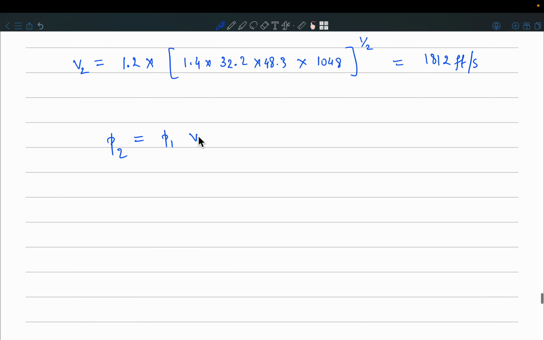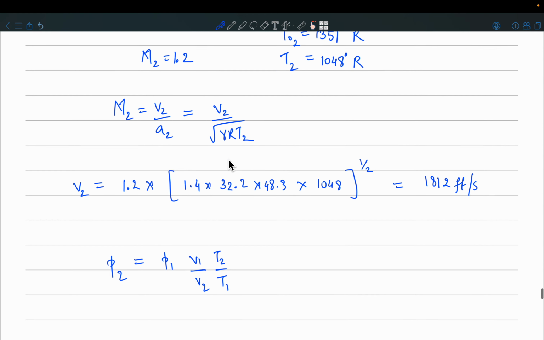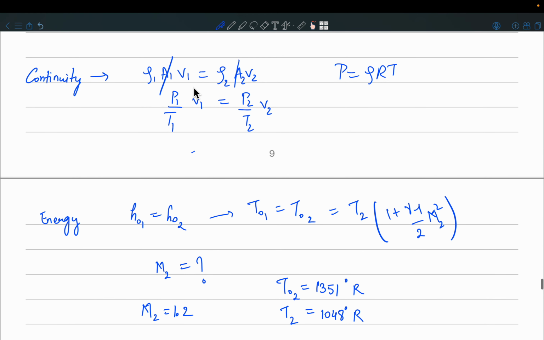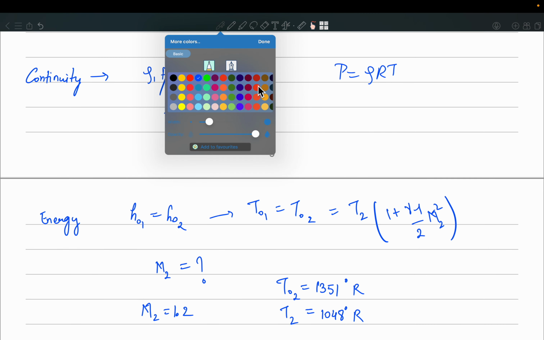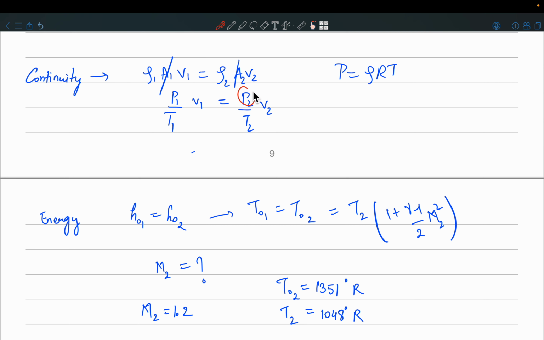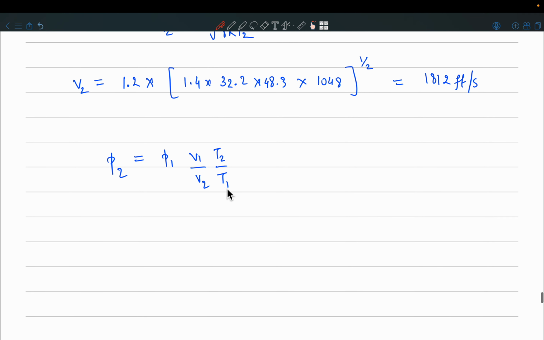This is clear, right? I've just rearranged the continuity equation from here. Yeah, so we just need to find this quantity, right? So P2 is going to be V1 by V2 into T2 by T1 into P1. So I've written here. So you can find the answer and tell me.